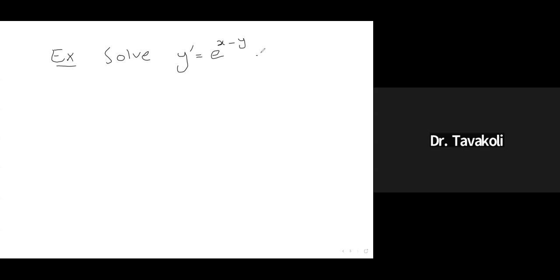First of all, y prime is dy over dx because the variable for the function y is x. What is e to the power of x minus y? From algebra, we know that it is e to the power of x over e to the power of y.